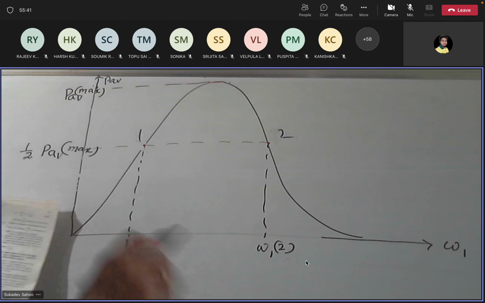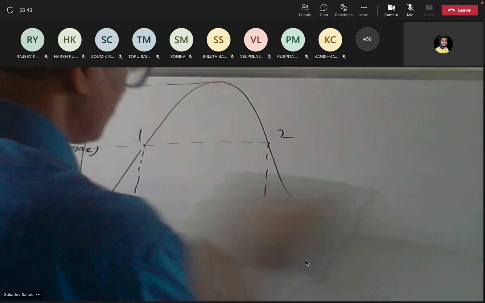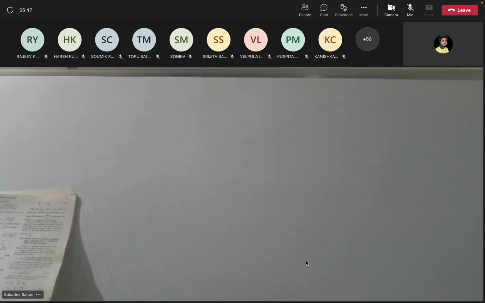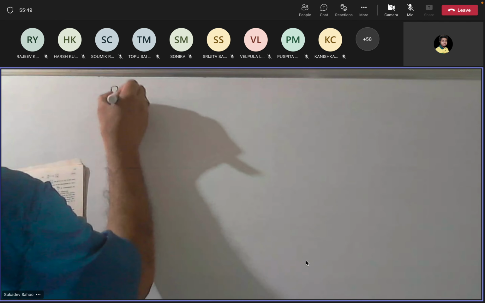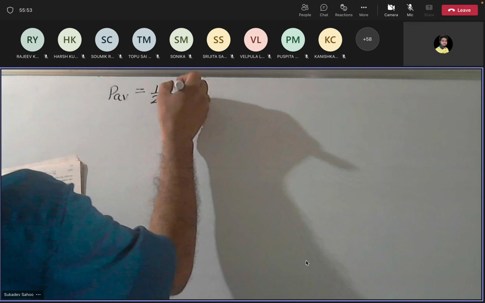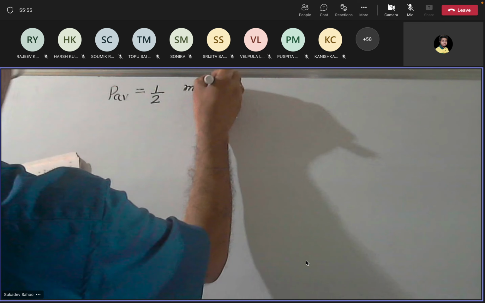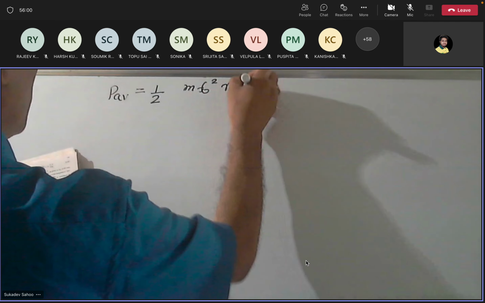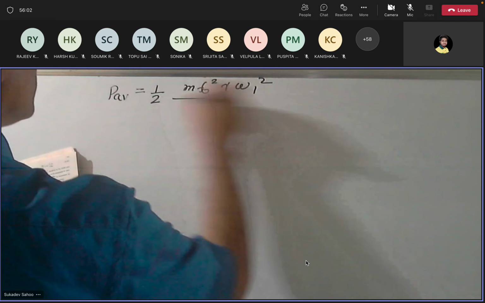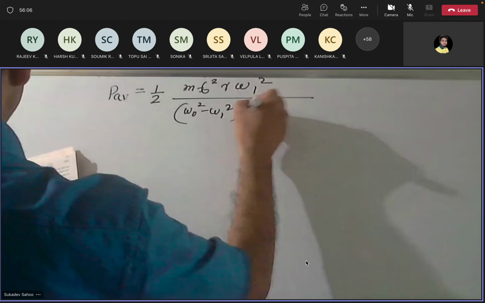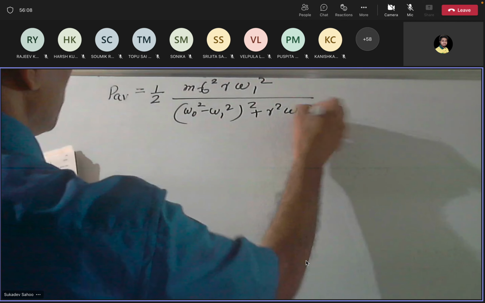So I am erasing the figure, then I can write. We know that P average equals half, already we have derived this expression, m F0 square gamma omega 1 square divided by omega 0 square minus omega 1 square, whole square, plus gamma square omega 1 square.